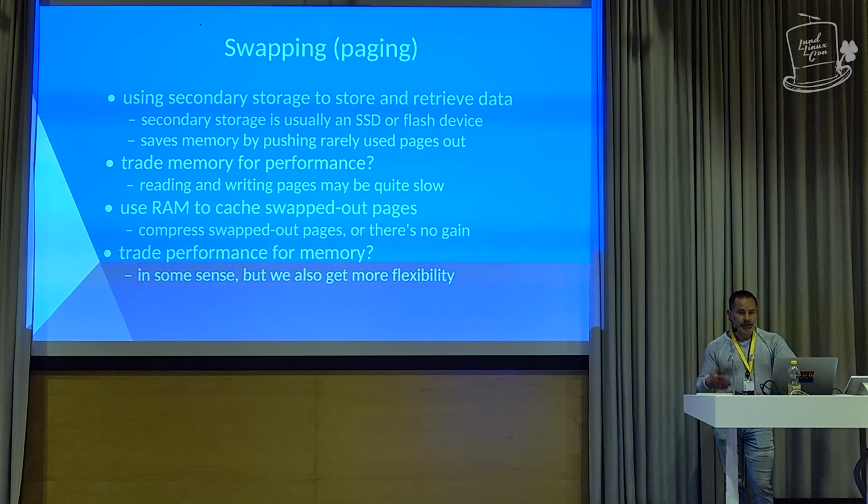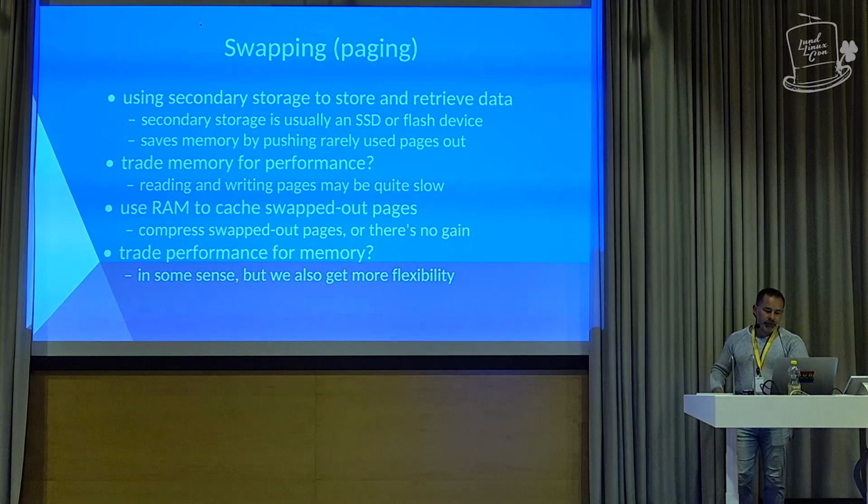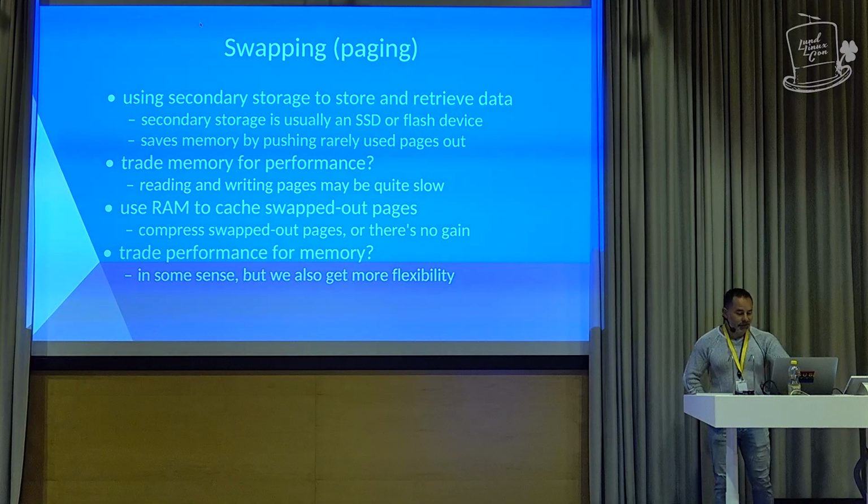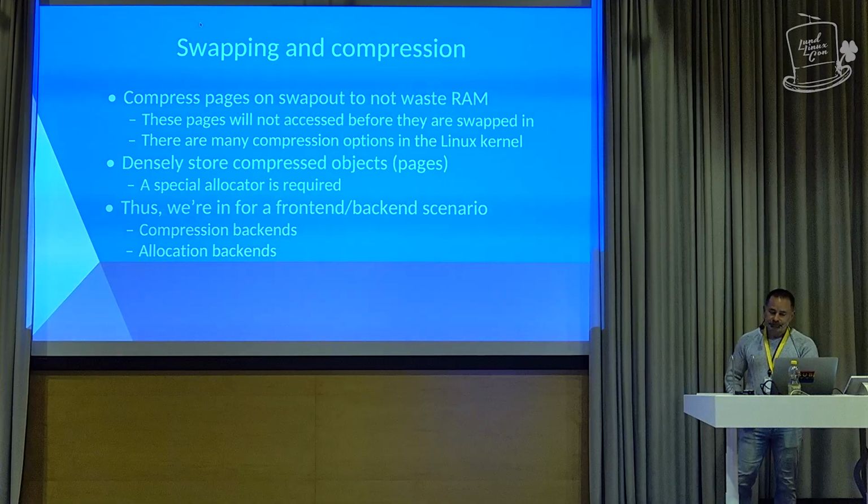Because they're not used, we can compress them, and we can decompress them in the same way as we would load them from the secondary storage. So we trade performance for memory in a sense, but we gain flexibility by doing that. So this is still a sensible operation.